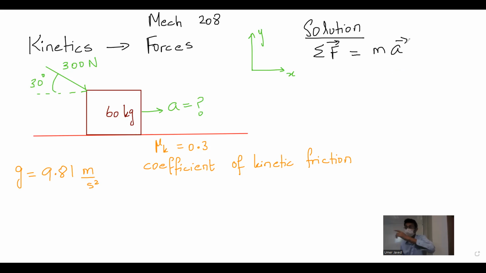Correct? Right? Then you have summation of forces in the y direction equal to m a_y, where a_y is 0. And then you will say summation of forces in the x direction equal to m a_x, which is our today's question.